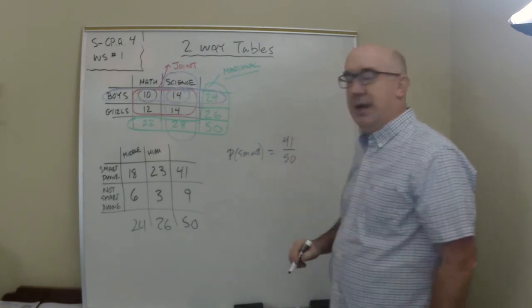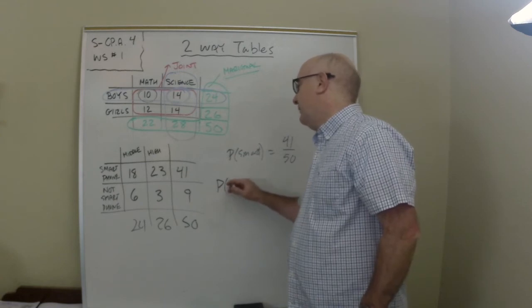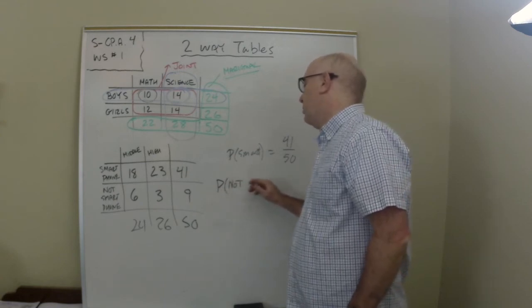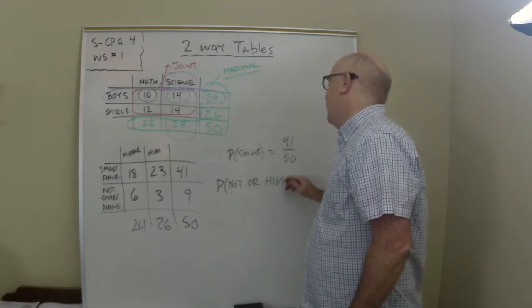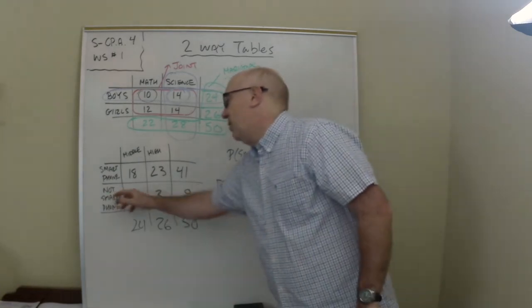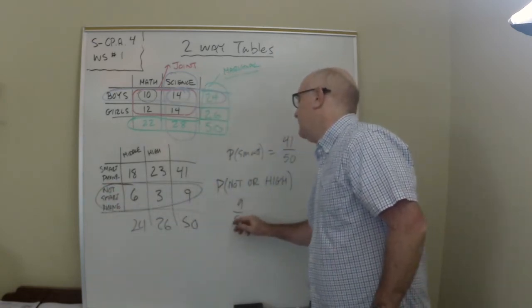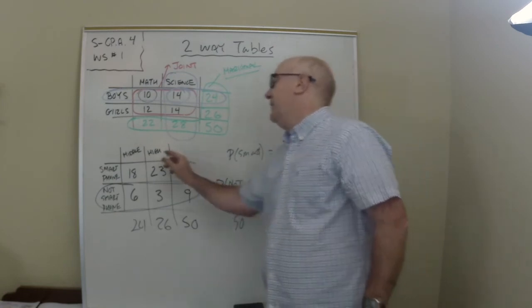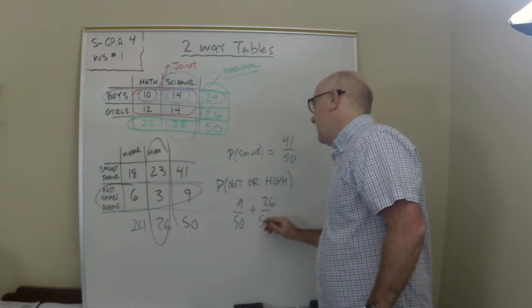That's probably pretty accurate. Let's do another "or" statement because they're tricky. Probability of not owning a smartphone or being in high school. So not owning a smartphone is 9 out of 50. Probability of being in high school is 26 out of 50.